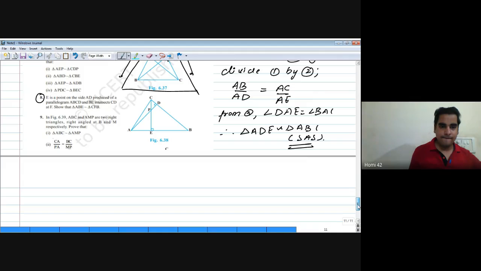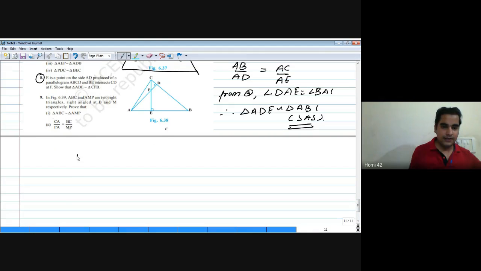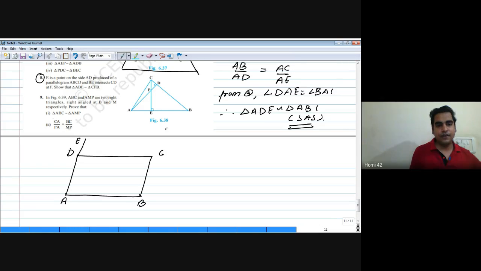Look, this is the parallelogram that I have, let's say ABCD. E is a point on side AD produced. So if I produce AD, then this is the point E, right? Let us join BE. This BE intersects CD at F. This is F. So this is the figure that is given to us, Kavinash.